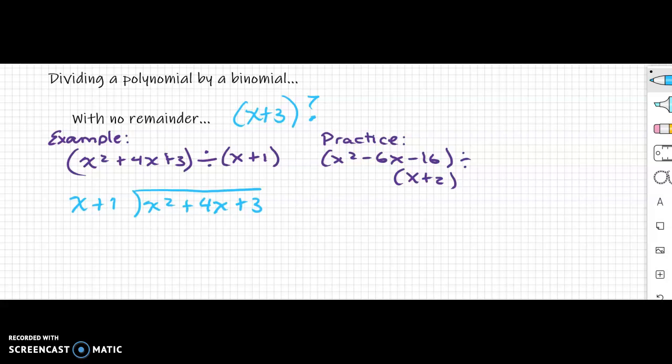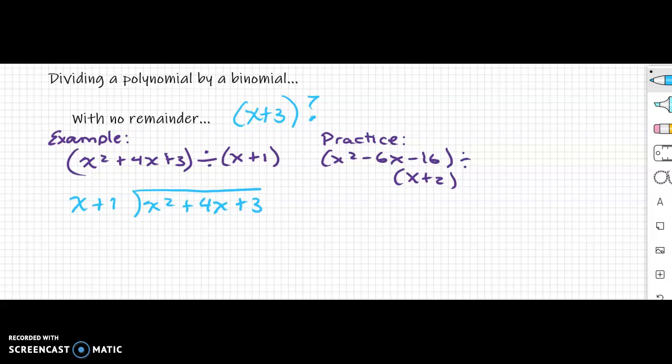But when I'm dividing, I'm super careful about how I'm lining things up. Even when I'm doing long division with numbers, I have to make sure that I'm in the right place. I know that it's going to be x times, looking at the leading digits.